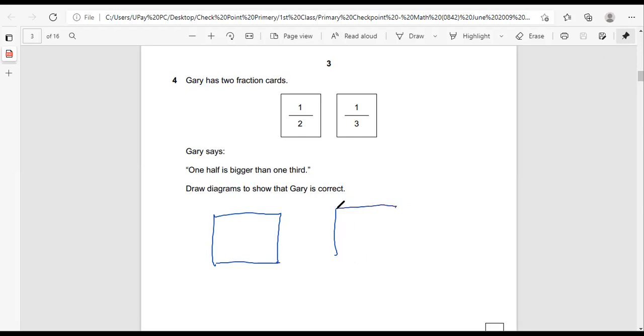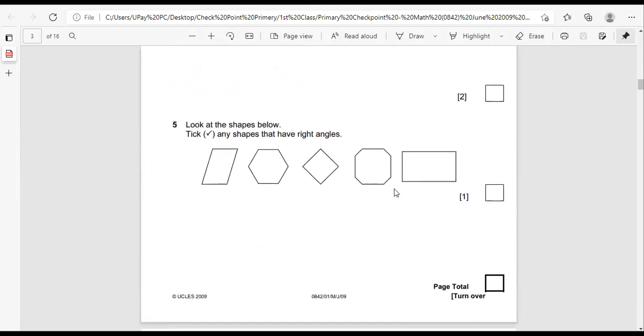So try to draw them so both are equal. So here is half. Here if you cut it into 3 pieces, here one is 1 over 3. So that is what you have to show. This is half and this is 1 over 3. If you show that, you will get marks.